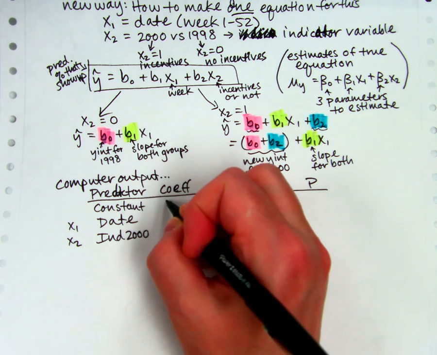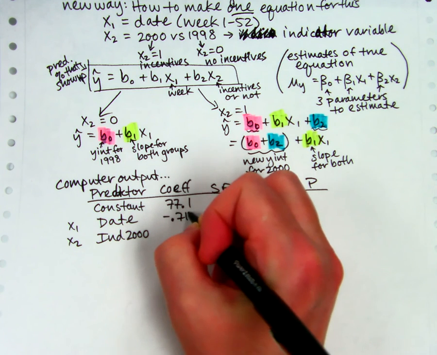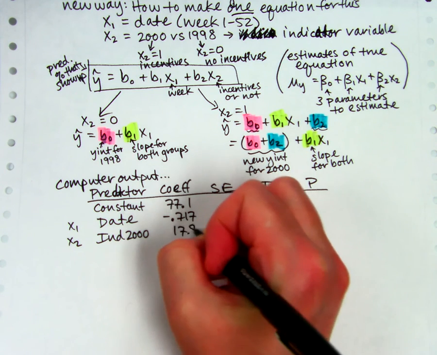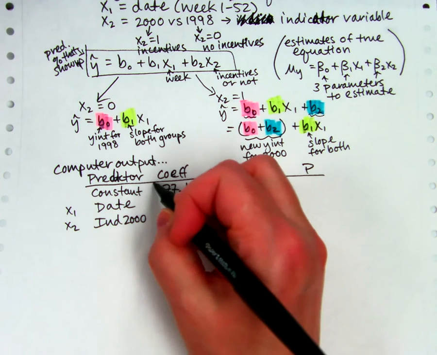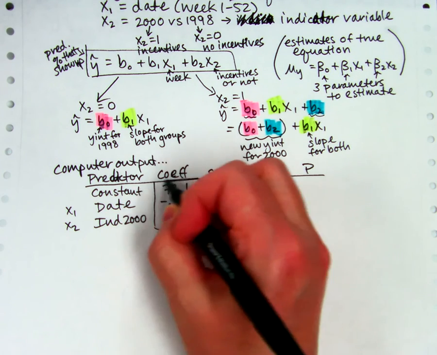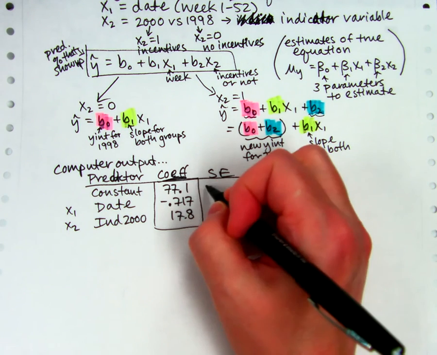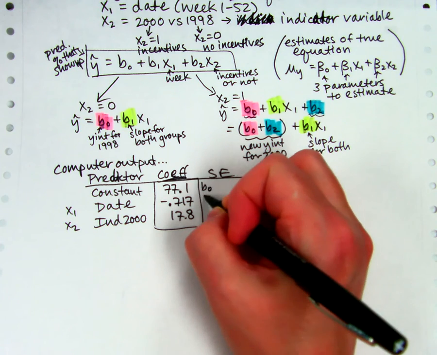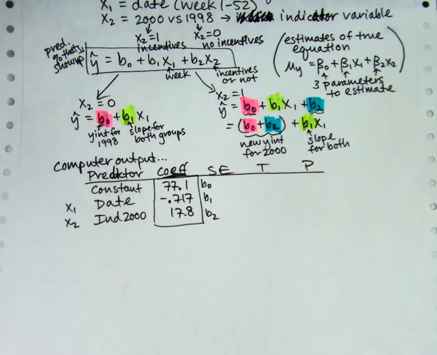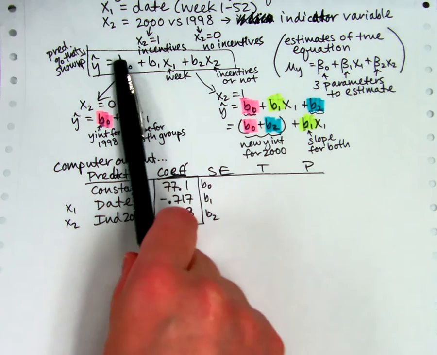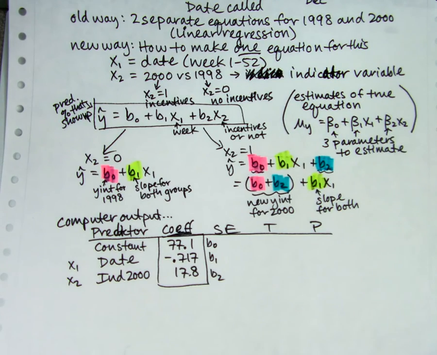So these numbers are 77.1 and negative 0.717 and 17.8. Those are the numbers spat out by the computer. And I want to point out that we're still looking at this column that says coefficients, and we're using those numbers to find b0 and b1 and b2. They're always in order, 0, 1, 2, same order that's in the equation, which makes me happy.